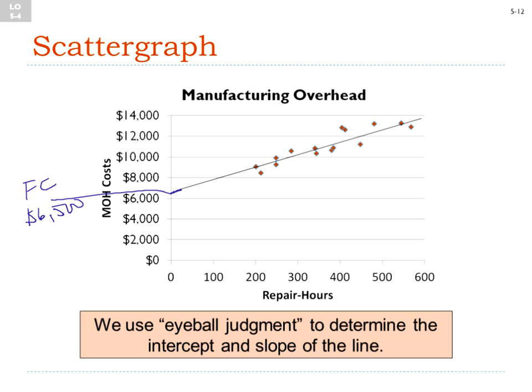But as you can imagine, when you're doing a scatter graph and you're preparing an estimate based on this line that you eyeballed, it is subject to error, a high level of error. So a lot of times scatter graphs aren't used by a lot of people since they can be erroneous.